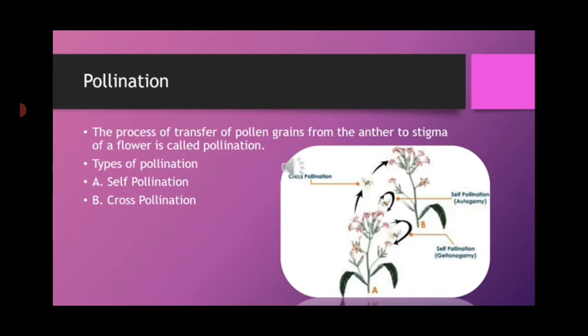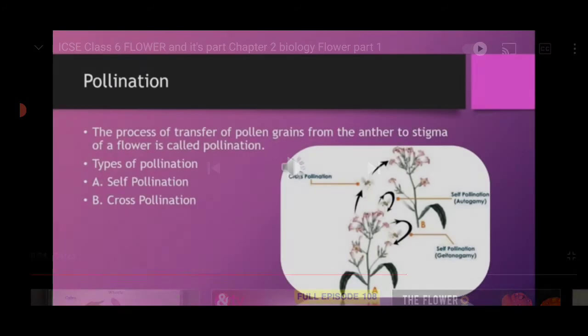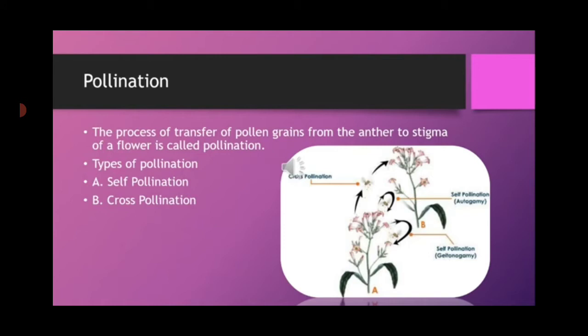So what are the types of pollination? Pollination is of two types, self-pollination and cross-pollination. Now the question is, what is self-pollination? Children, in self-pollination, pollination occurs in the flowers on the same plant, and it may take place in either of the following two ways.